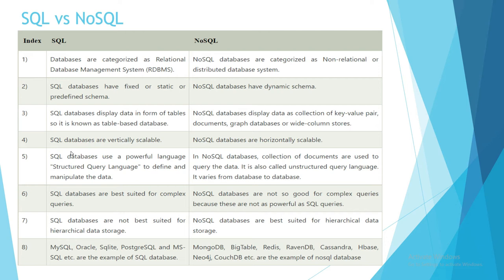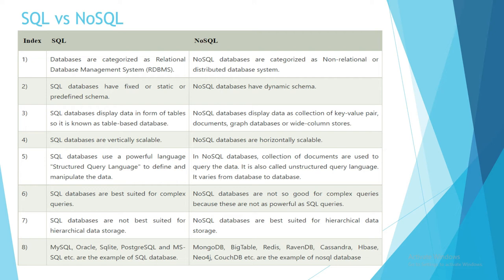SQL databases use the SQL language, whereas NoSQL databases use some kind of unstructured query language, which varies from database to database. Based upon the implementation of the database, the structured query language also will be modified from database to database.